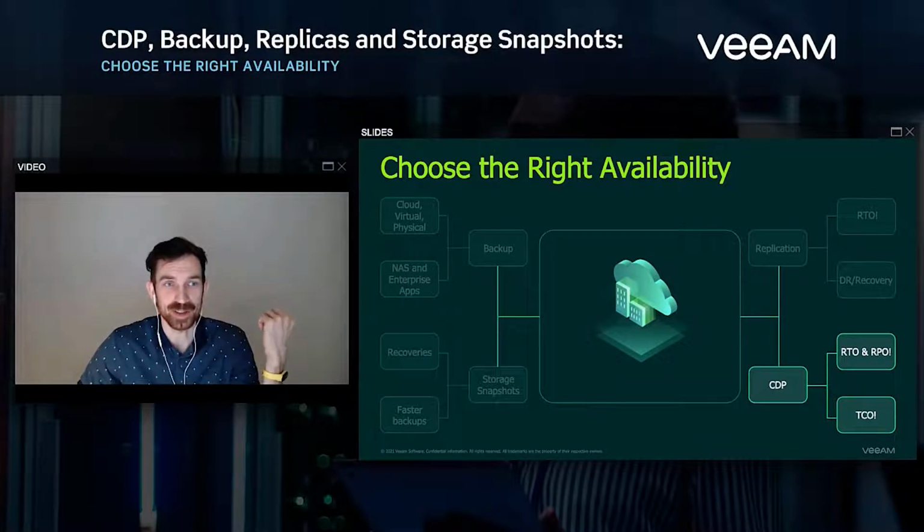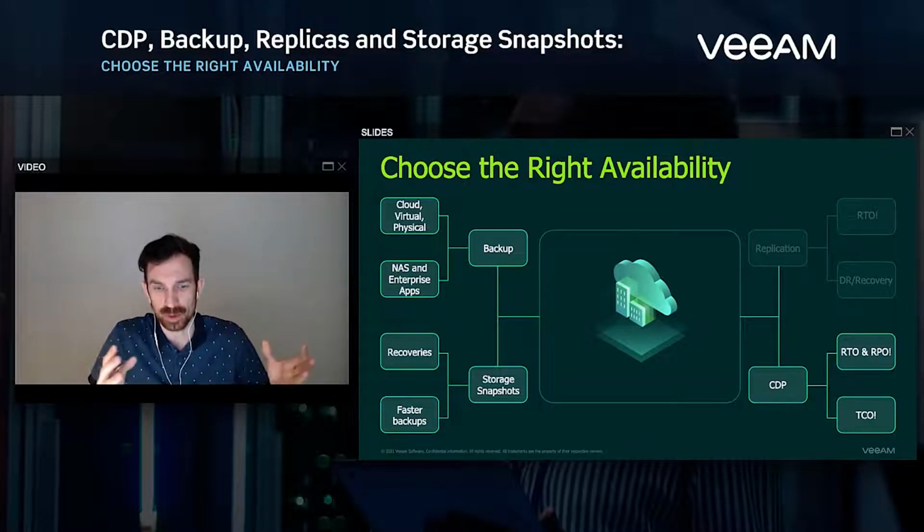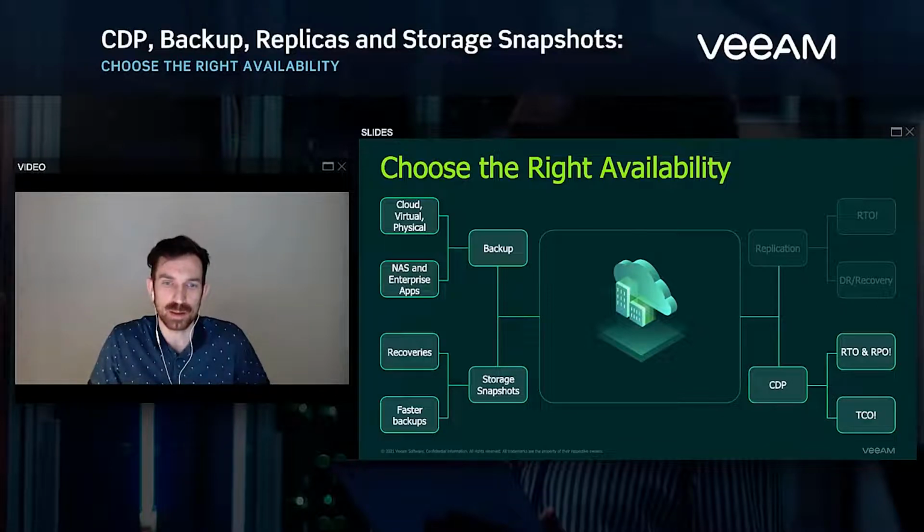Okay, so the new toy in the mix is CDP, or what we call continuous data protection. I'm not going to assume that everyone is familiar with this term, so let me clarify. It is the ability to almost instantly replicate the blocks of data coming to the source, and we're talking about VMware systems, ESXi hosts in the production location, the main data centers and some of the remote locations or additional data centers whenever you have them.